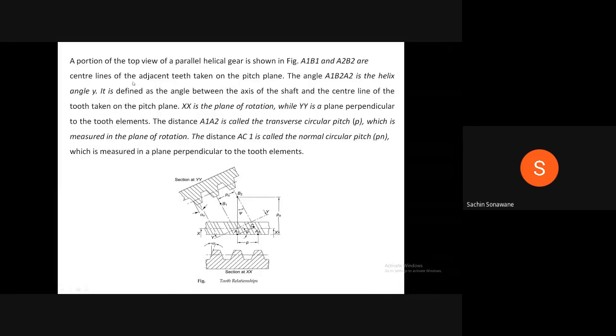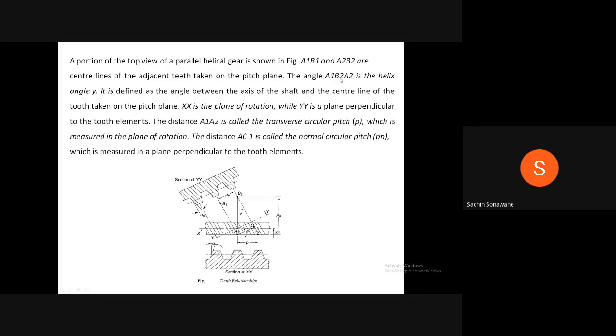Therefore, a portion of the top view of a parallel helical gear is shown in the figure. A1B1 and A2B2 are center lines of the adjacent teeth taken on the pitch plane. You just see here, A1B1 and A2B2 are indicating center lines of the teeth.